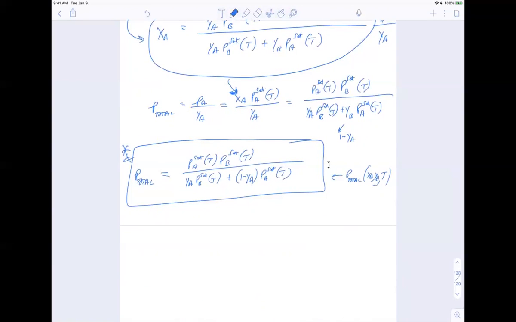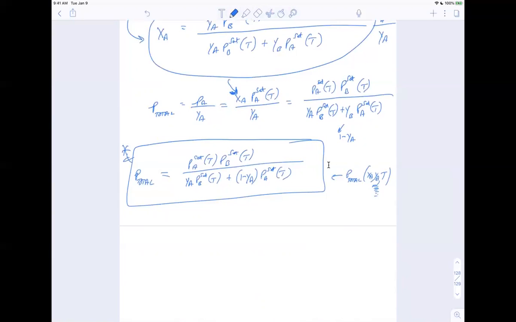Independently, but it doesn't matter. These two P totals are the same. The P total that we derived last class is the same as this P total. They can't be different because the system is in equilibrium.